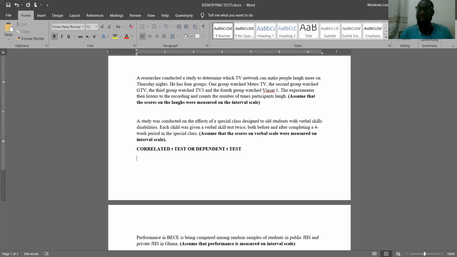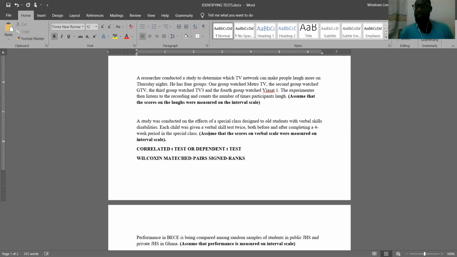But in the same question, they could have indicated verbal skill is on ordinal, or it has been ranked. Then this time around, we wouldn't select correlated t, but rather select its non-parametric test. And the non-parametric test for correlated t is Wilcoxon matched pairs signed ranks, or sometimes you can shorten it and make it Wilcoxon test.